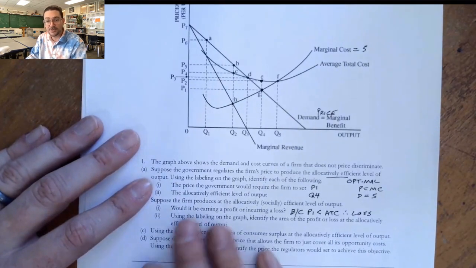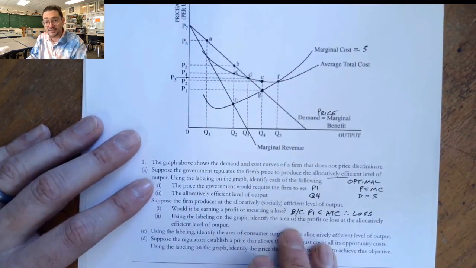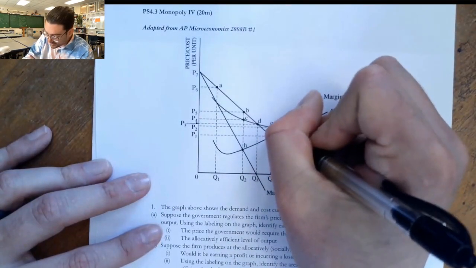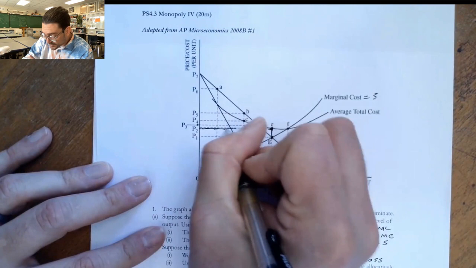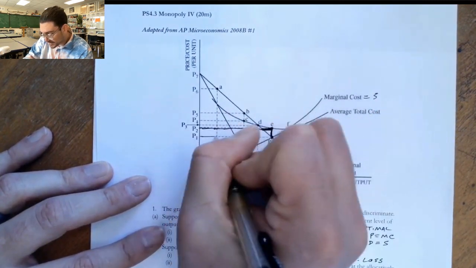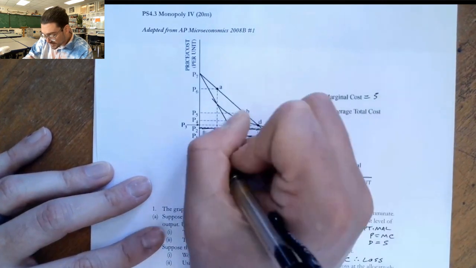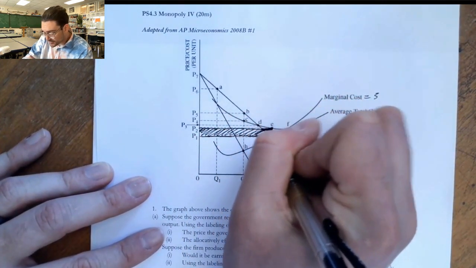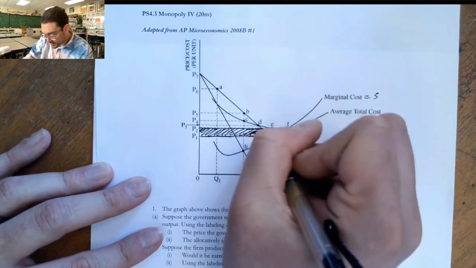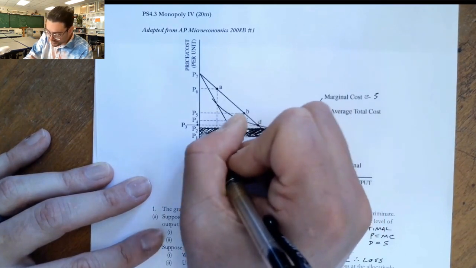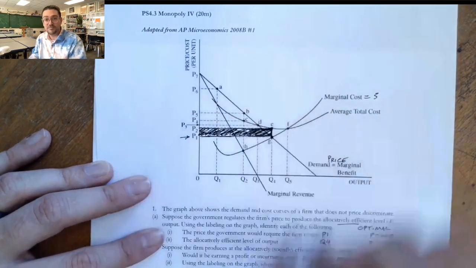Now, using the labeling on the graph, identify the area of that loss at that efficient level of output. Well, that's going to be along P2, and P2 corresponds to this E point. It's this long, skinny rectangle that I'm going to shade in right here. So that's the amount of loss, if we regulated this firm to the P1 level of prices.